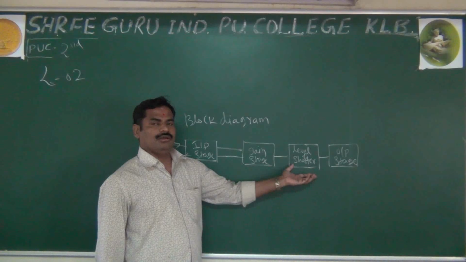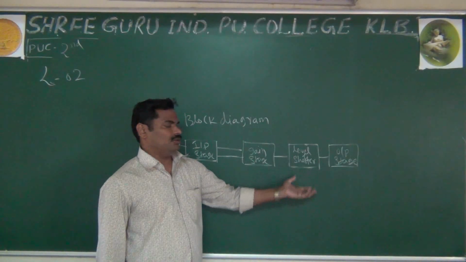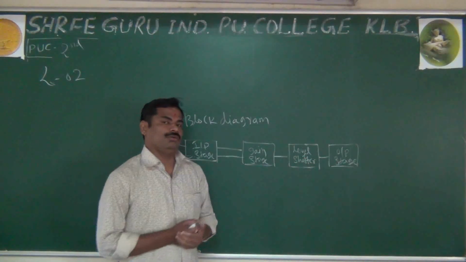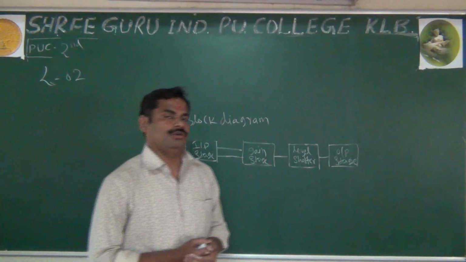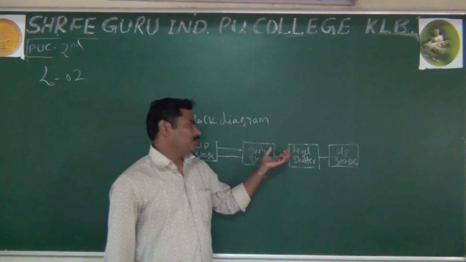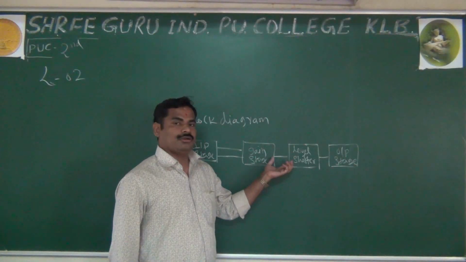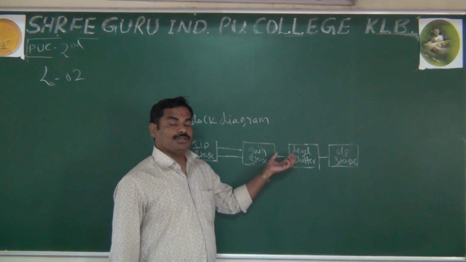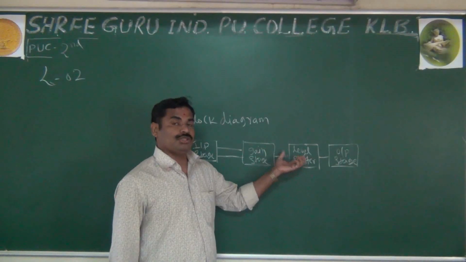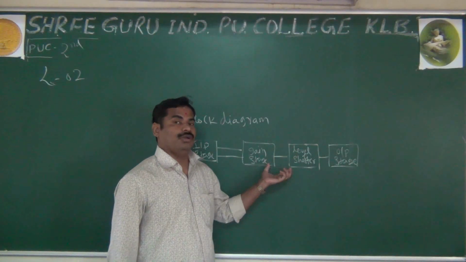By using that you can shift the DC level, and because of the property of the emitter follower, the common collector amplifier has high input impedance, which protects the device from the loading effect.